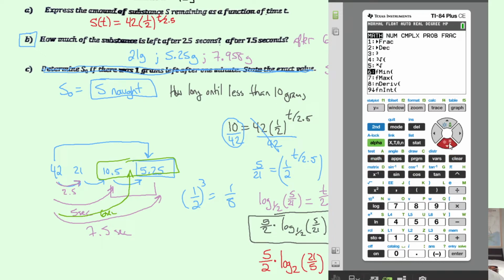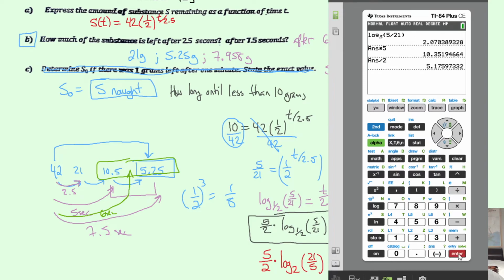Then to get to the log that you want, you have to scroll down, because we need a log with a special base. So choose that. Log base 1/2 is log base 0.5, of 5 over 21. Okay, so it's that, and then this is going to be multiplied by 5/2, so times 5 divided by 2. So it's 5.176 seconds. Yeah, okay. That again is something we knew.